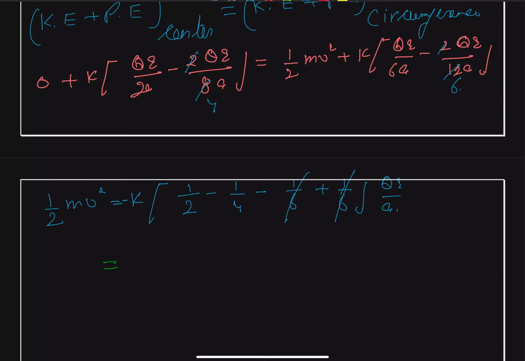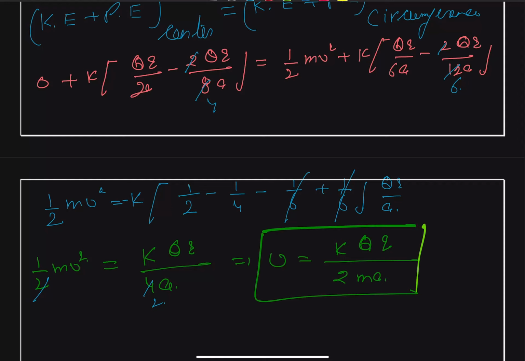Okay, so it is positive, so this will be k q upon a, and 4 is LCM, so this comes as half mv square, and this 4 goes by 2, we get from here that our velocity v will be equal to k capital Q small q over 2ma. This is our velocity at the exit of the circumference.